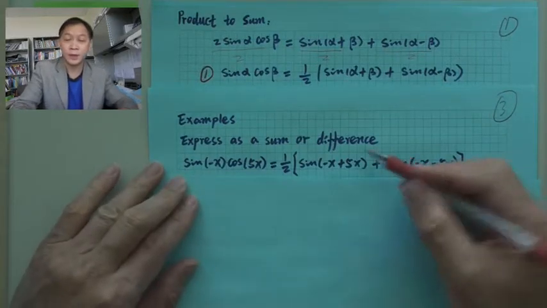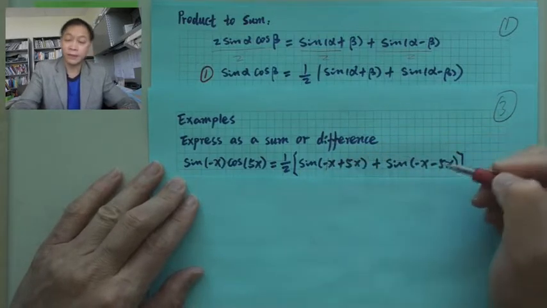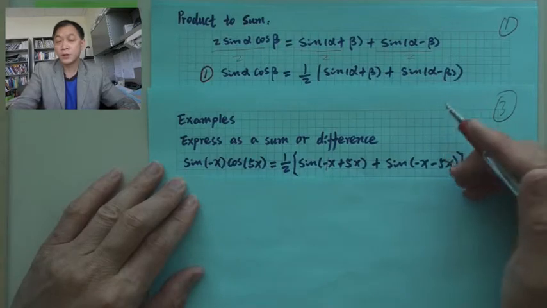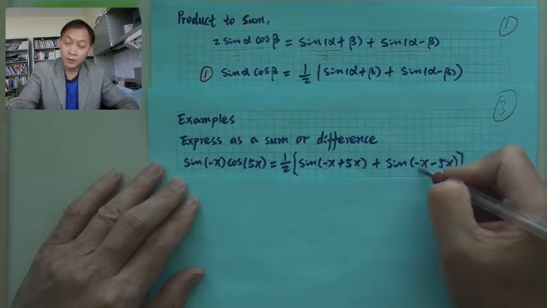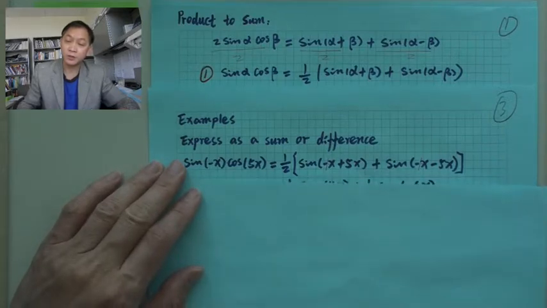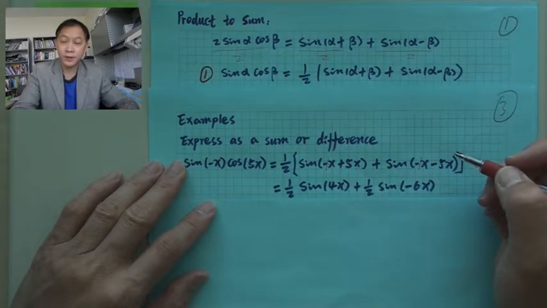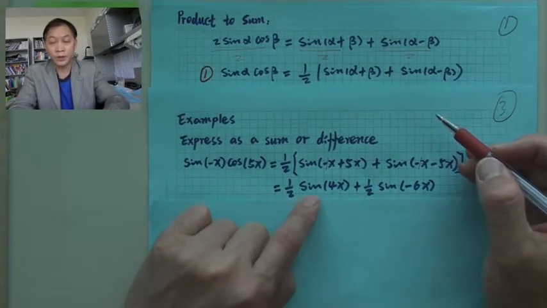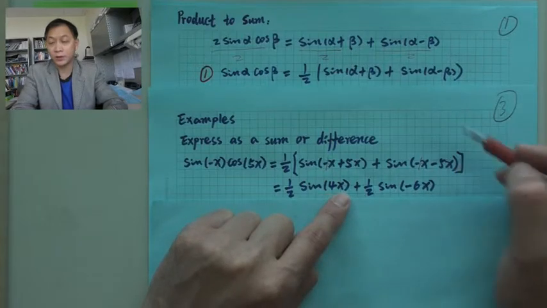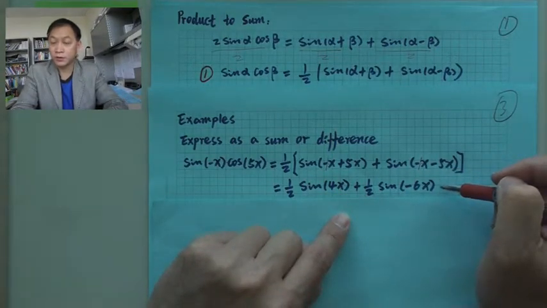Now negative x with positive 5x, we have 5 minus 1 gives us 4. Negative 1 plus negative 5 gives us 6. So here will be sine 4x. And here will be sine negative 6x.